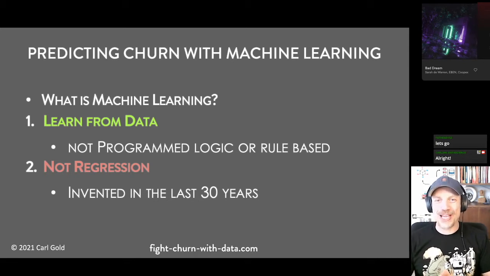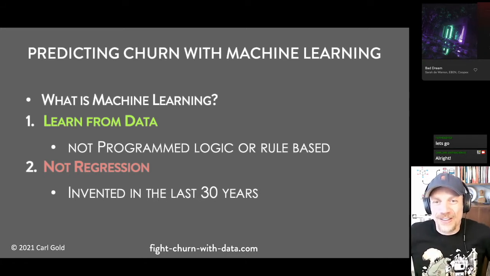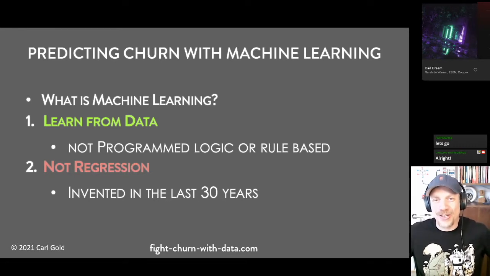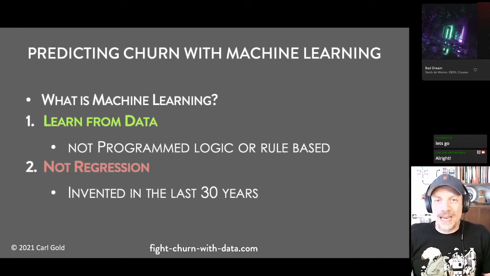So machine learning algorithms were all invented in roughly the last 30 years. I don't know if anyone in the chat has a strong opinion about this, but I would say a good way to divide machine learning from statistics or non-machine learning algorithms is, is it new? Is it invented in the last 30 years? And if it's relatively new, then you're going to say it's machine learning. And older algorithms like logistic regression, you would call statistics.